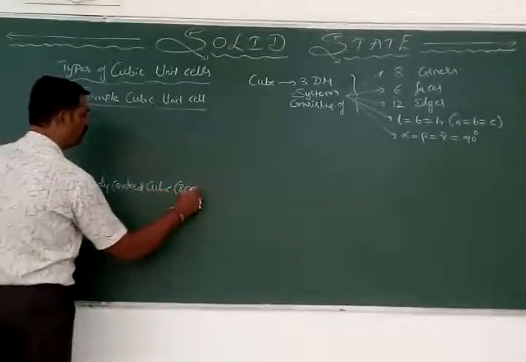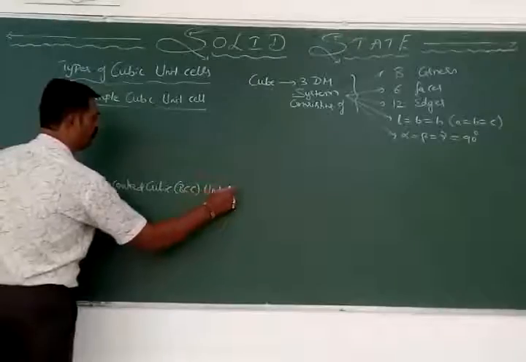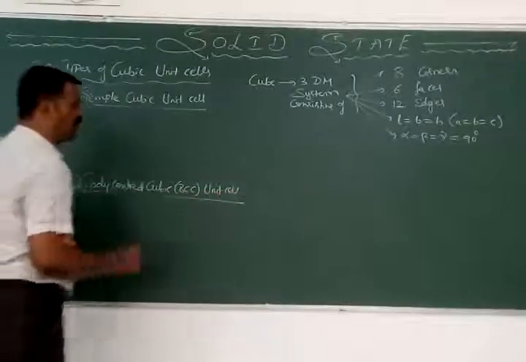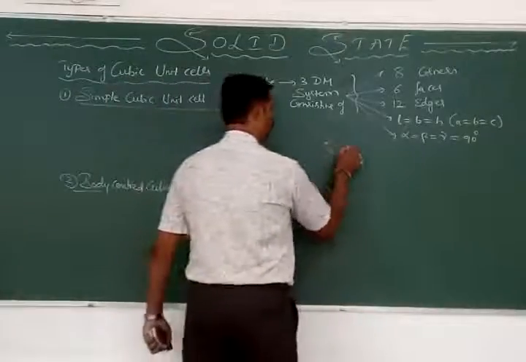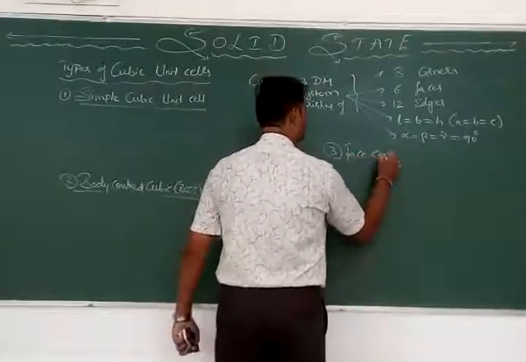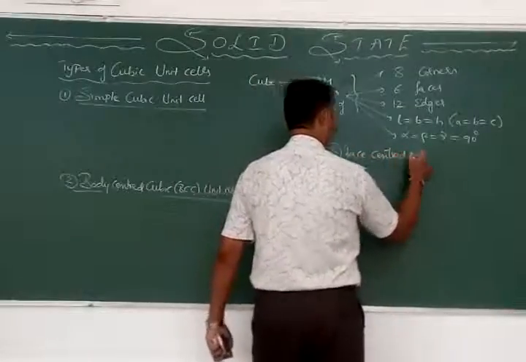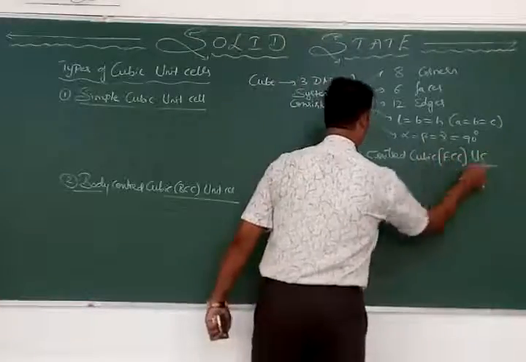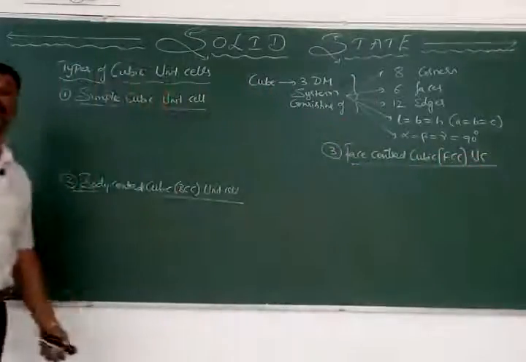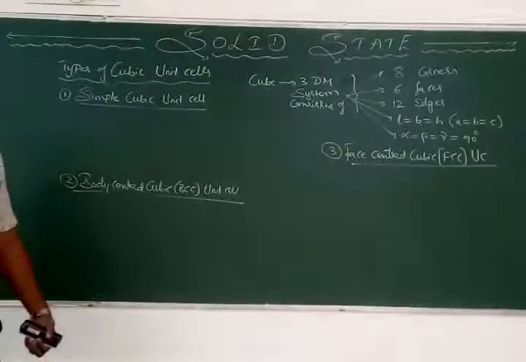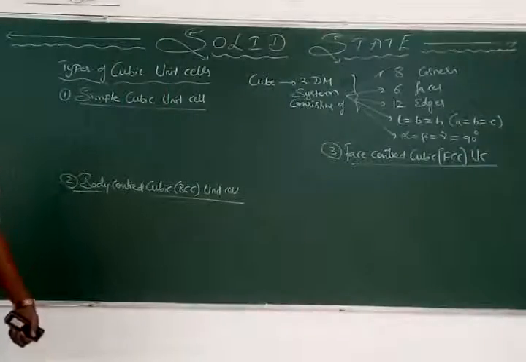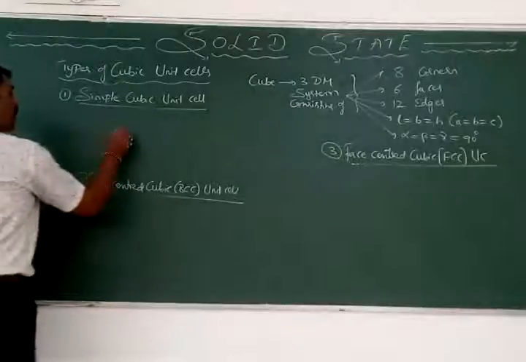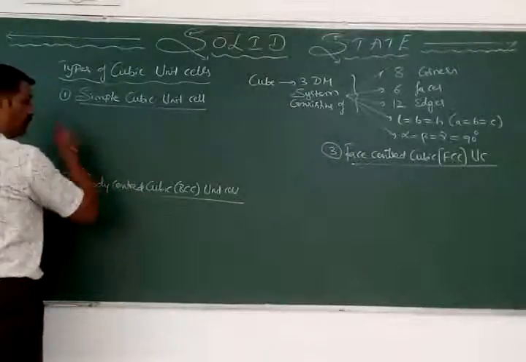We are calling that the BCC unit cell. And the third one is the face centered cubic, which we are calling the FCC unit cell. These are the three types of cubic unit cells. So let us have the diagram related to this.